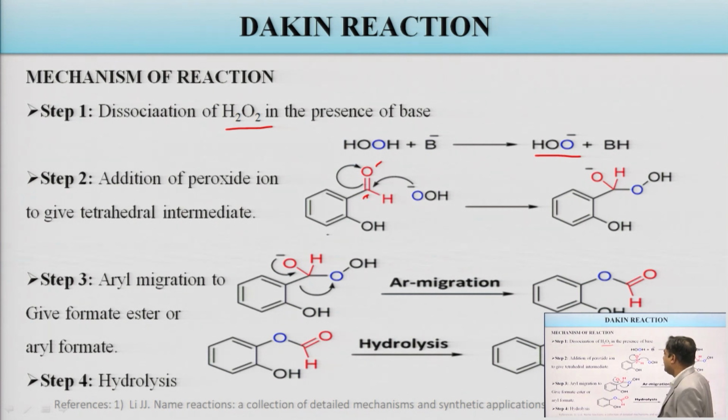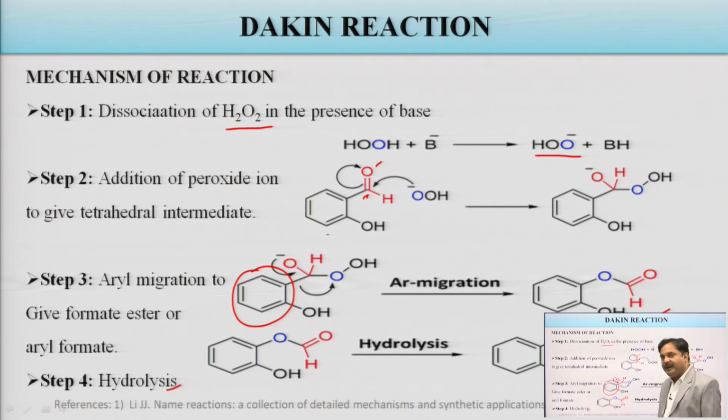In the next step, aryl migration occurs. How is it happening? This negative charge comes back towards here, and this ring is migrated towards this oxygen. So, aryl migration occurs, and the product is the formate ester, or aryl formate, whatever we are taking as a side chain. In the next step, as you know, base is also there.